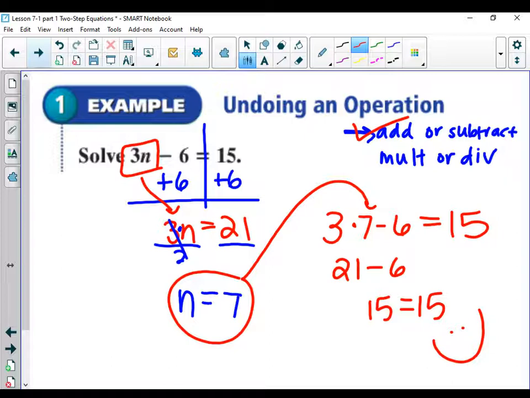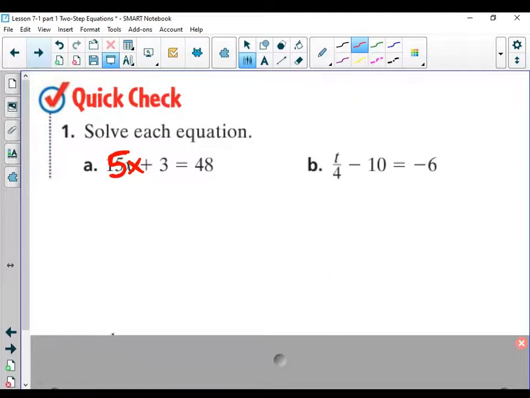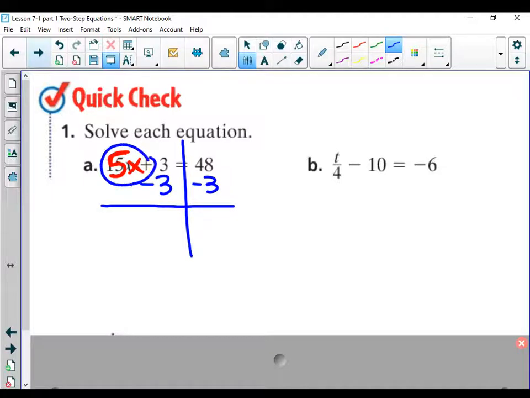Very similar on box 2. I need to add or subtract. Undo plus 3 by minus 3. I need to multiply or divide.